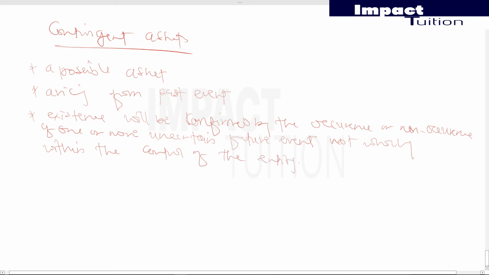Right. We can use the example I used for the contingent liabilities. We have a case, and this time around, if certain evidence surfaces, we will win, and that will lead to the entity receiving some compensation.